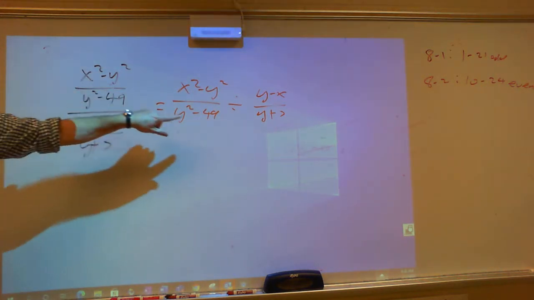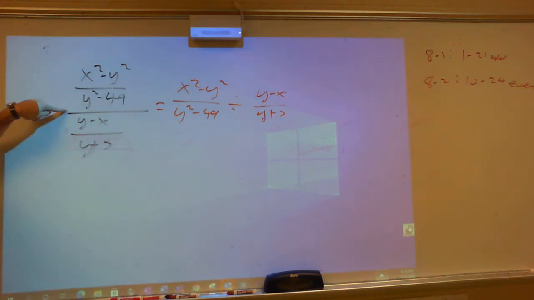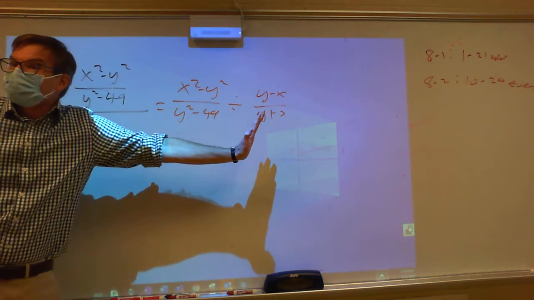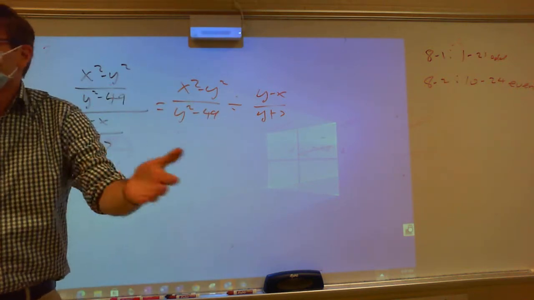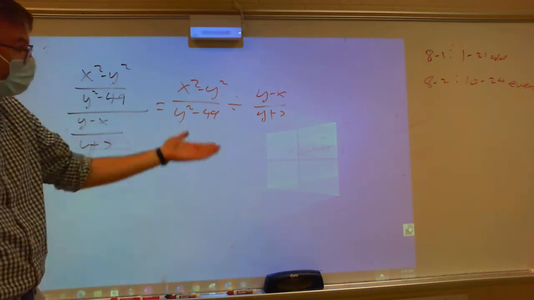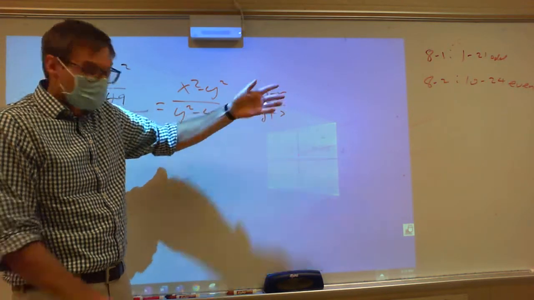Everybody see how I got from here to here? This line means divided by. So all I did was, it's this divided by this. I just wrote it out like the way it's supposed to mean. And now this looks like problems that we just did. We know how to handle divided by fraction. We multiply by the reciprocal.